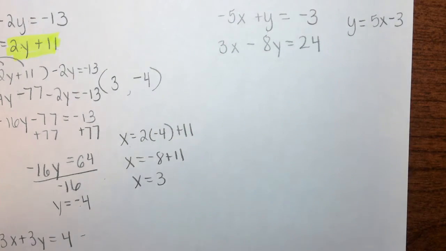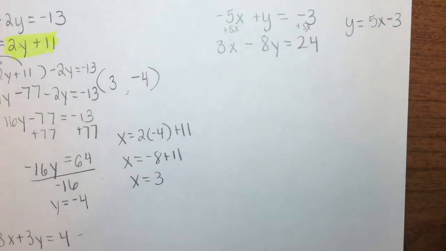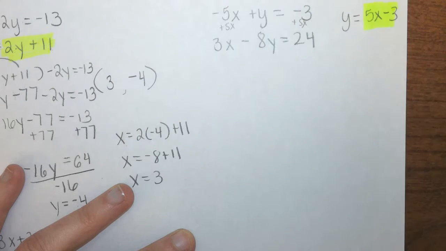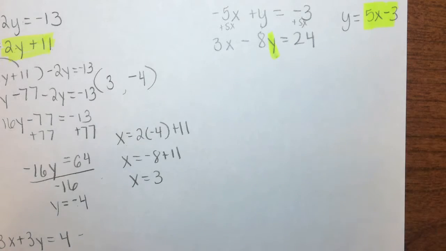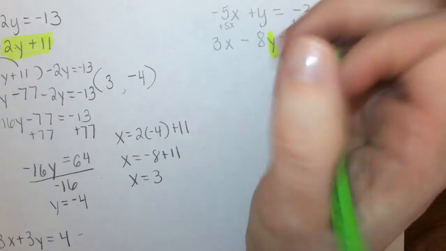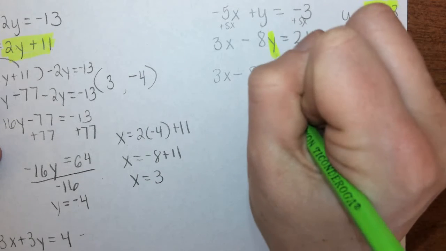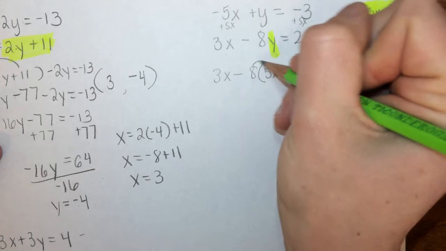Either way. Once you get to this step, it's exactly the same: y is equal to 5x minus 3. So instead of writing y in the second equation, I can rewrite it as 5x minus 3, and then distribute.